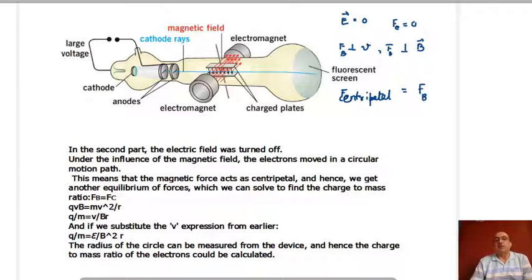Because of the centripetal force, the charged particle will take a circular path and will hit the fluorescent screen, and we will be able to get the radius.